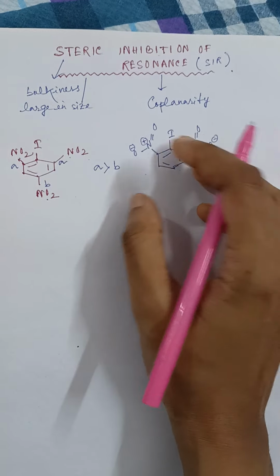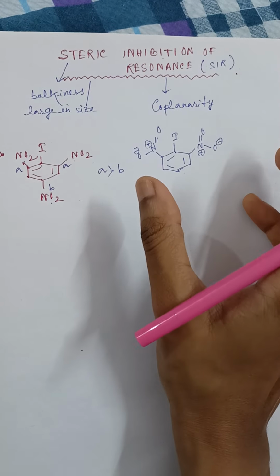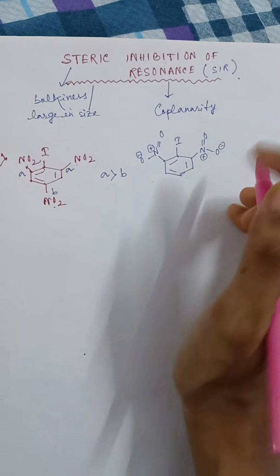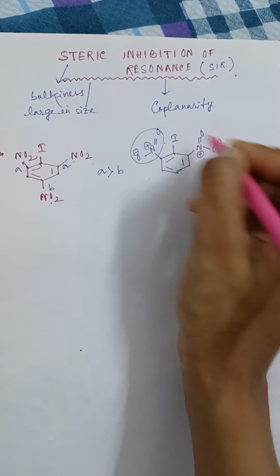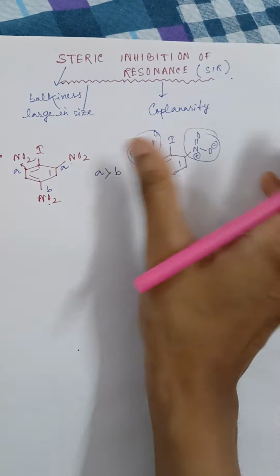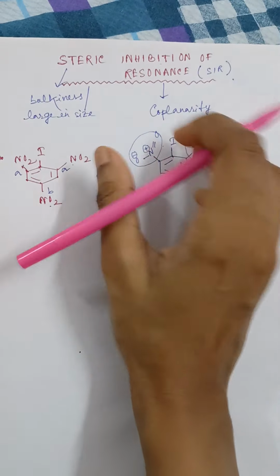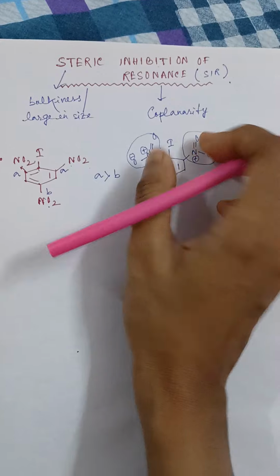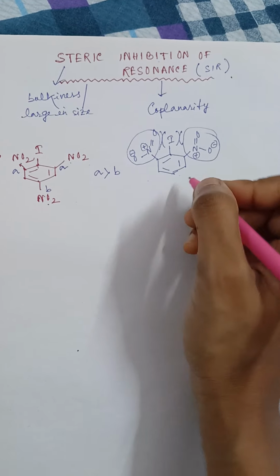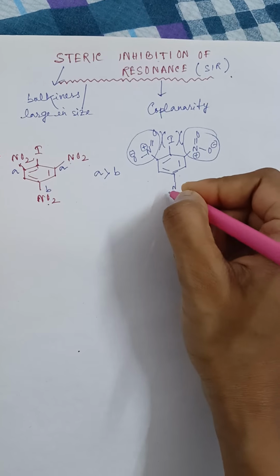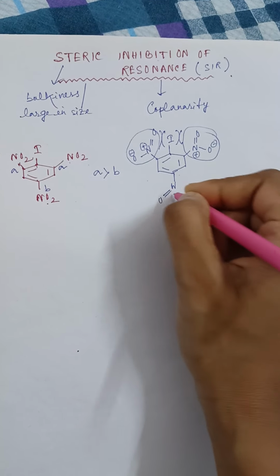Now we all know iodine is already bulky, it is large in size, right? This NO2 group is also very large in size, it is spread out over a very long distance, isn't it? So this steric factor comes into play, right? Now there is another nitro group.